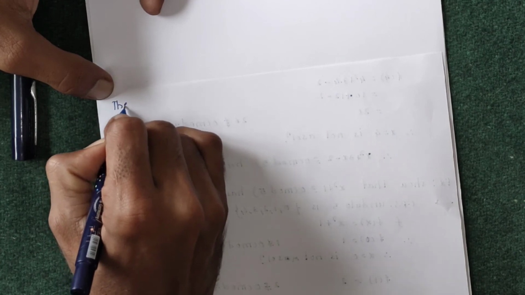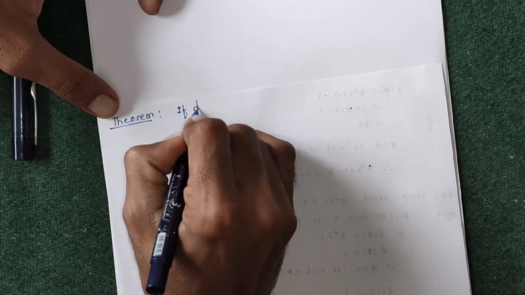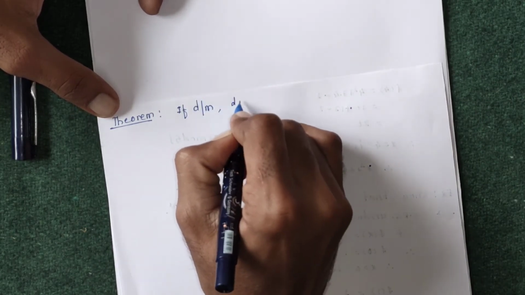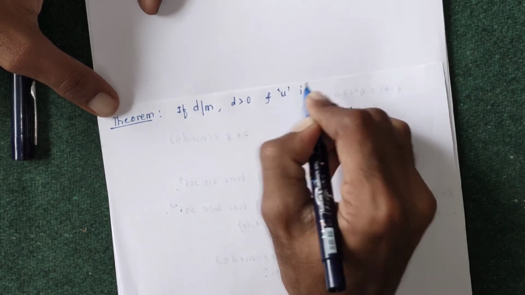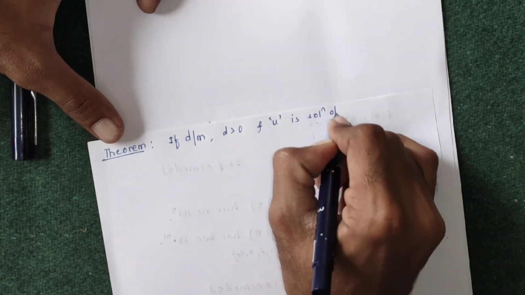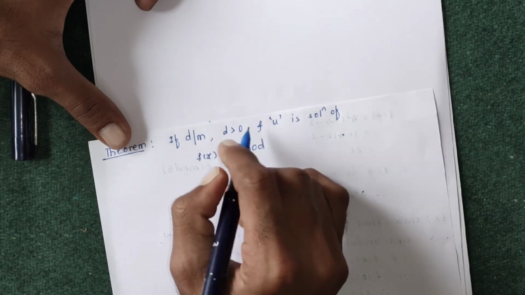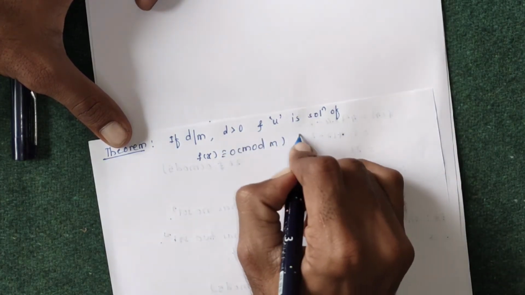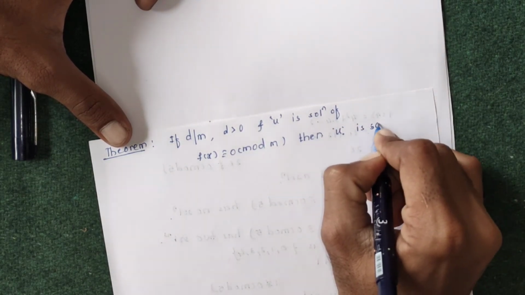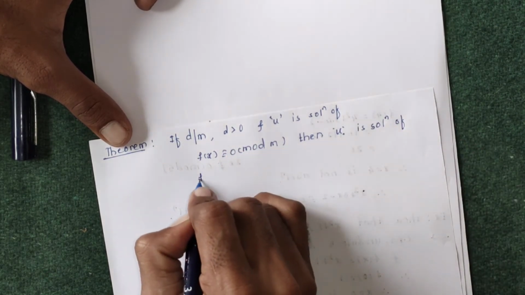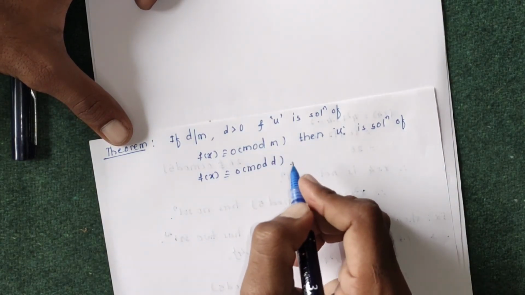The statement of the theorem is, if d divides m, that is d is a positive divisor of m, and u is a solution of f of x congruent to 0 modulo m, then u is also a solution of f of x congruent to 0 modulo d.